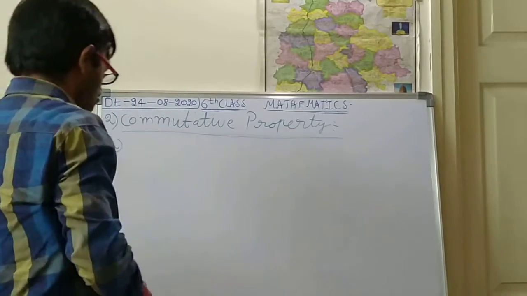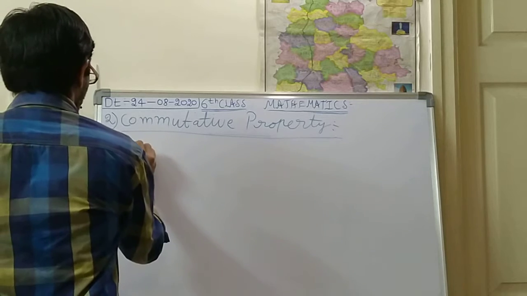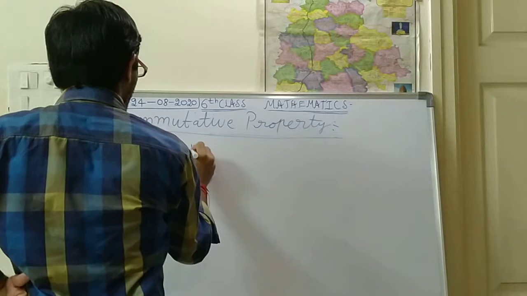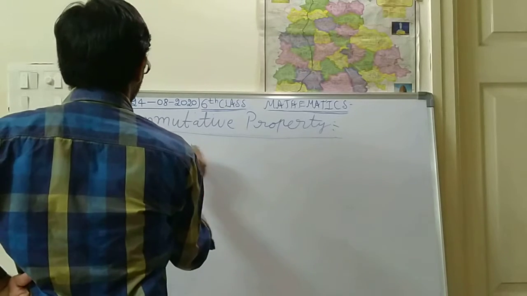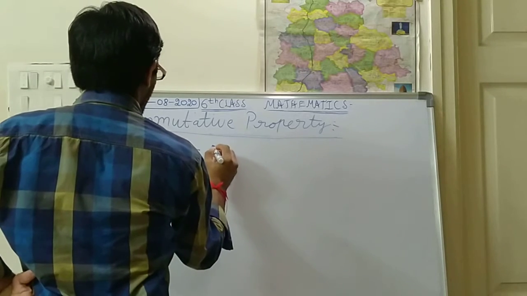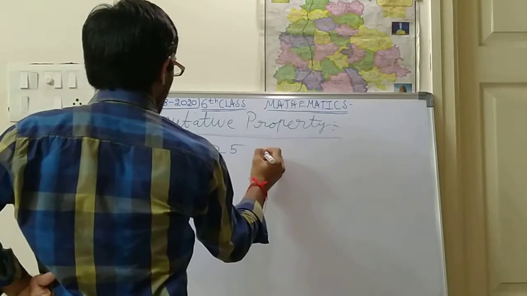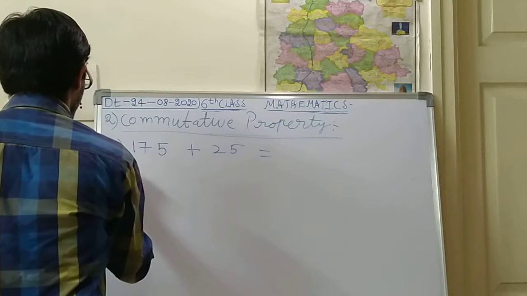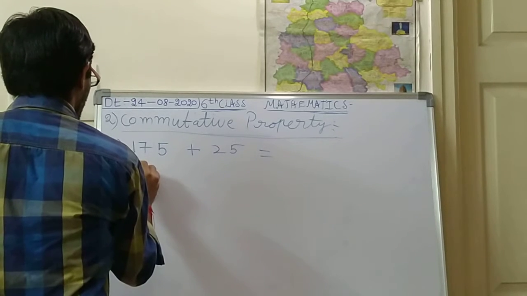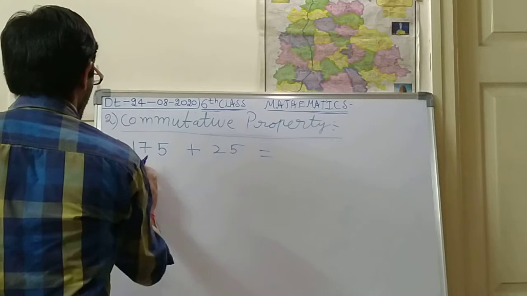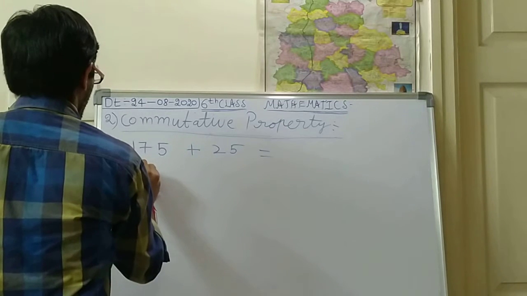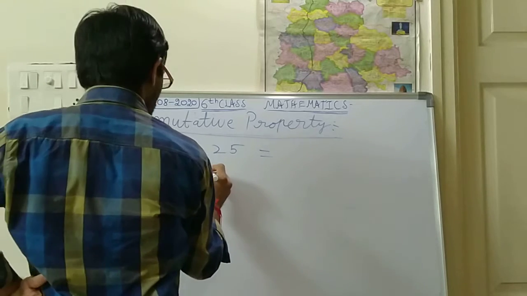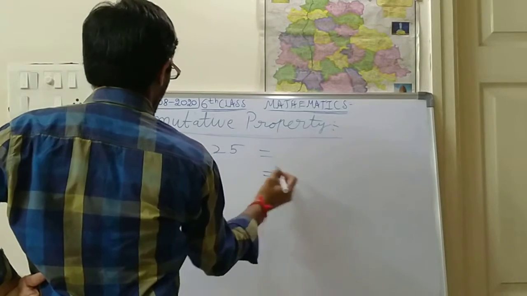Problem number 1. 175 plus 25 is equal to 25 plus 175. Next, B: 27 plus 0 is equal to 0 plus 27.